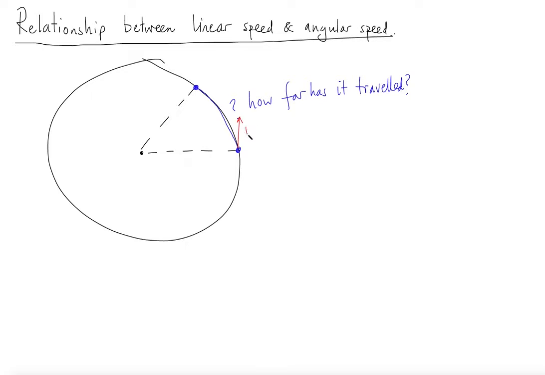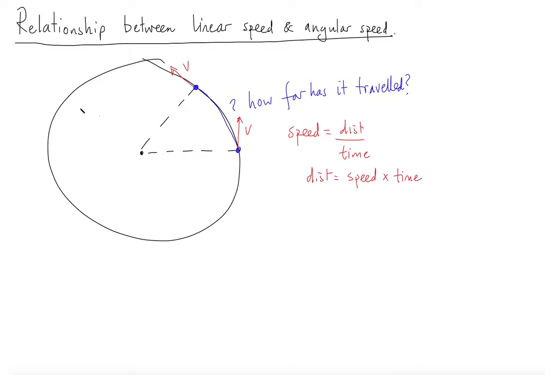Assuming it's got a constant velocity, we can define, remember, speed equals distance over time. So the distance it's travelled is equal to speed times time.